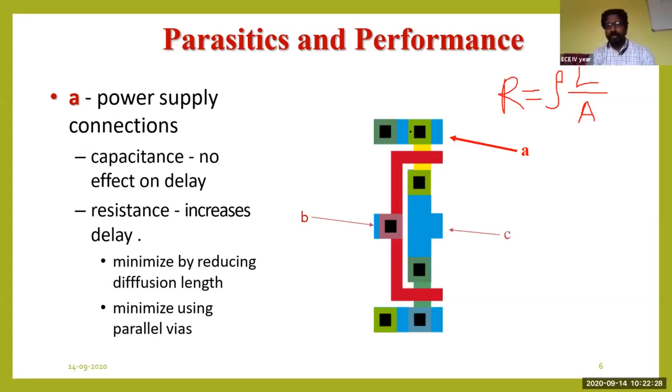So if the length of this one particular mask is increased, then definitely the resistance also increases. But when you come to the area, it is regarding the width. If the width is increased, the resistance is going to decrease. That is how the aspect ratio is formed. Aspect ratio is nothing else but the length and width of the transistor.